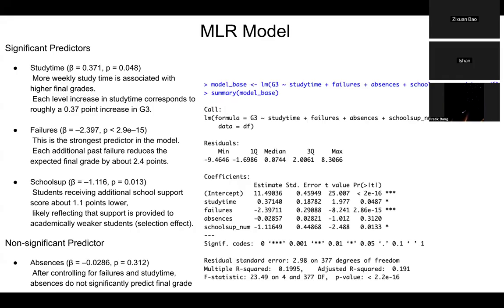Every additional past failure lowers the expected final grade by roughly 2.4 points. School support also shows a negative effect, likely because it's typically given to students who are already struggling. Absences, however, are not significant once the other variables are controlled for. Overall, the model explains around 19% of the variation in the final grades and highlights failures and study habits as the most important factors.